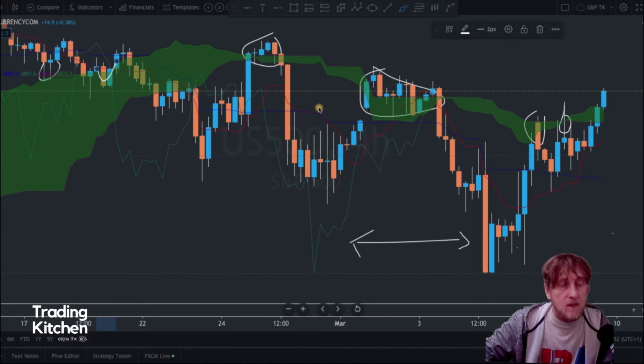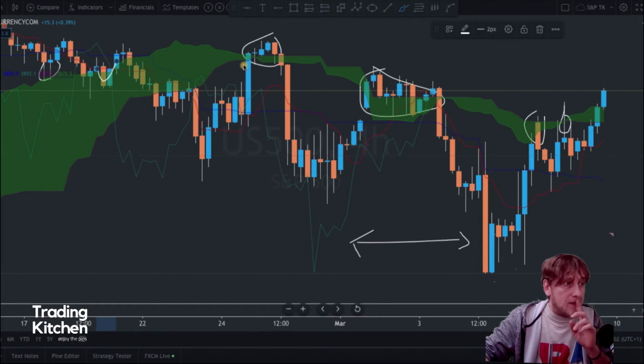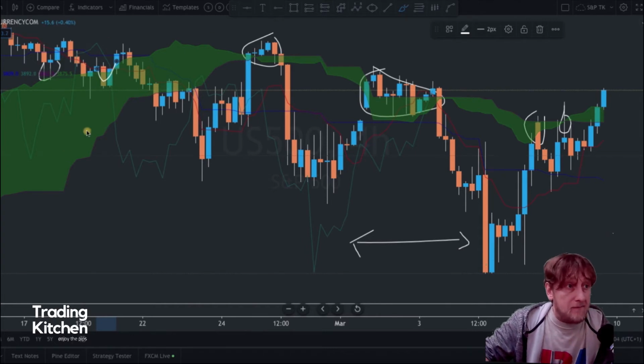So this is the main meaning of the cloud. When the cloud is wide, like this, huge, big, larger, this means that the trend is strong.